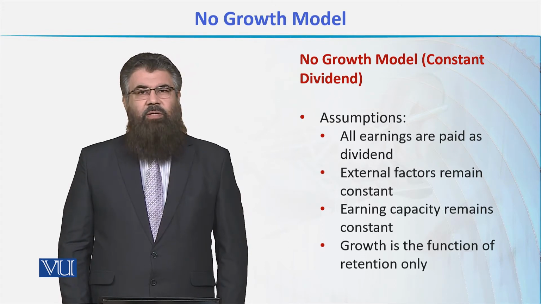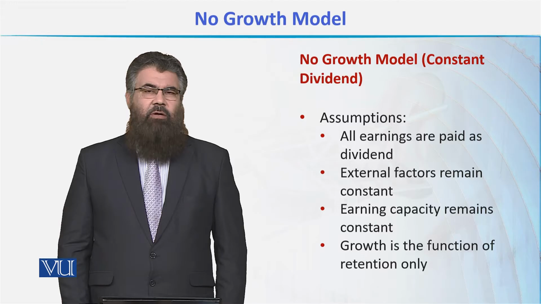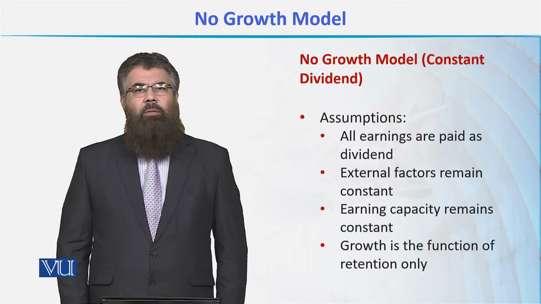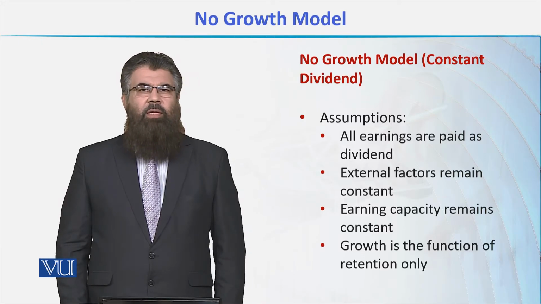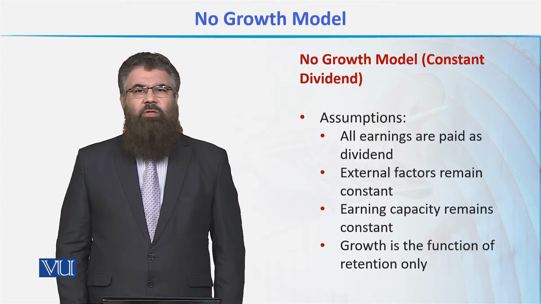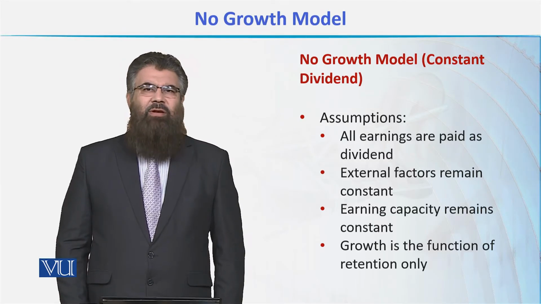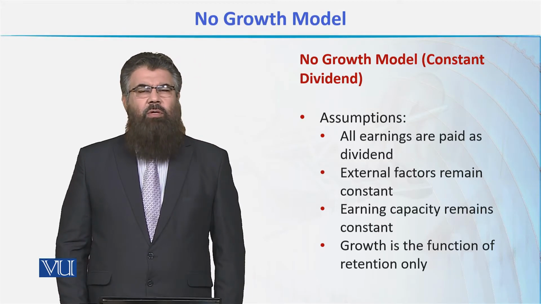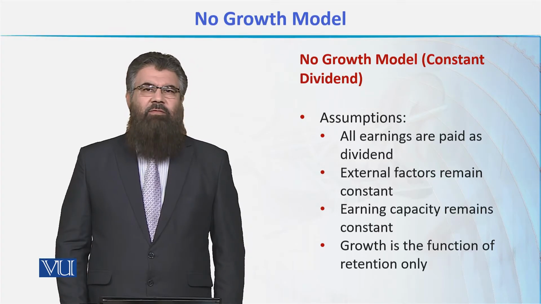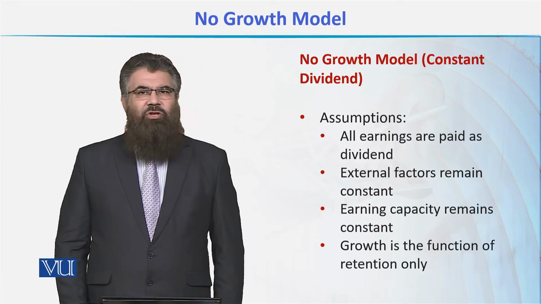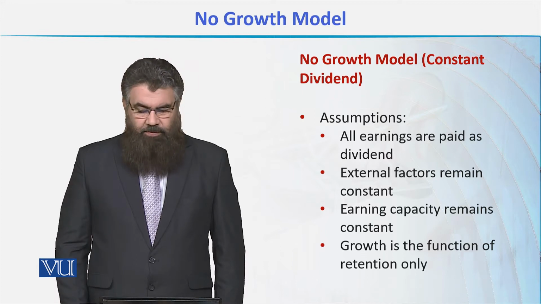The second assumption is that external factors remain constant, meaning that the political conditions, the economic conditions, the social conditions, the money supply, anything that externally affects a company's profitability, we assume that all these factors are constant. So it is only the internal factor which causes growth, and that internal factor is retention of profit.